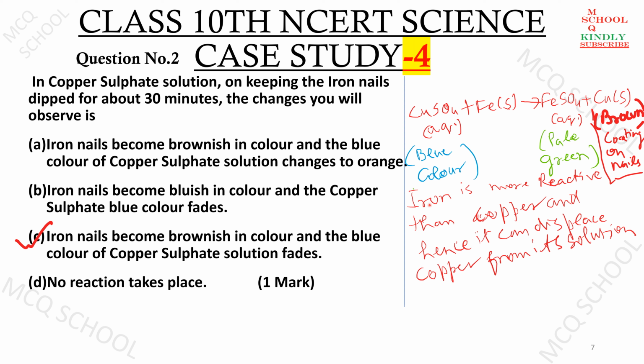Because iron is more active than copper, it can displace copper from its solution. Hence the answer is: iron nail becomes brownish in color. This brownish coating is nothing but copper, which forms a coating on the iron, and the blue color of the copper sulfate fades to pale green.